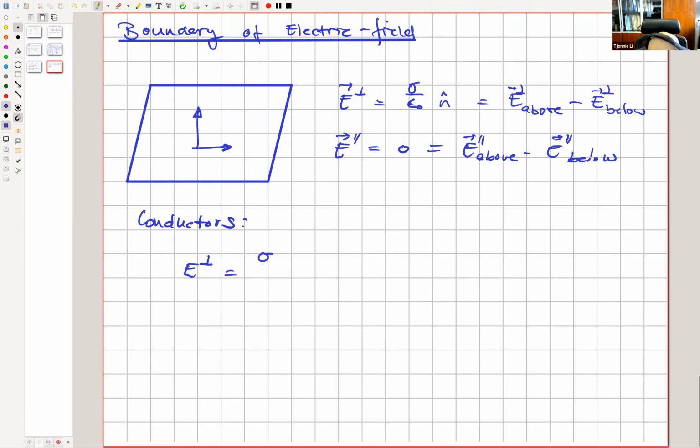So in which case what we simply have is that E perpendicular again is sigma over epsilon naught n hat, which equals the gradient of the field dotted with n hat, and sometimes this is written as d phi dn. And here the one parallel equals 0.